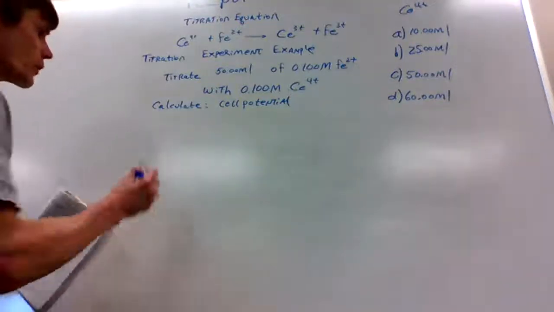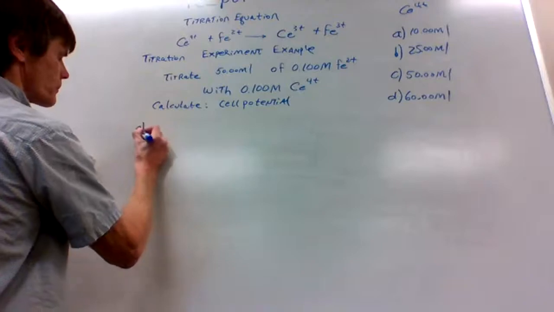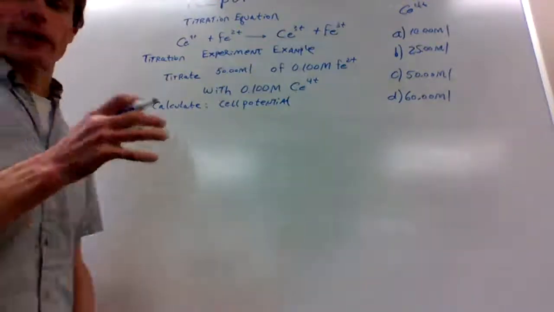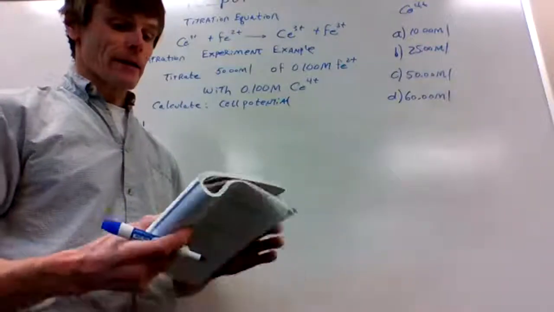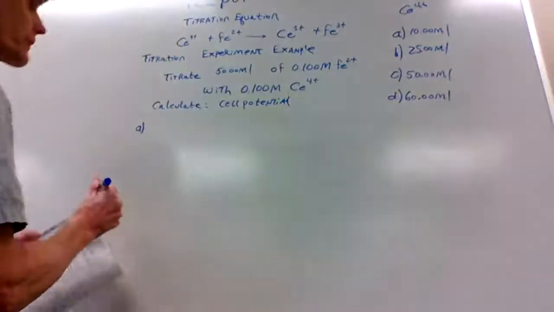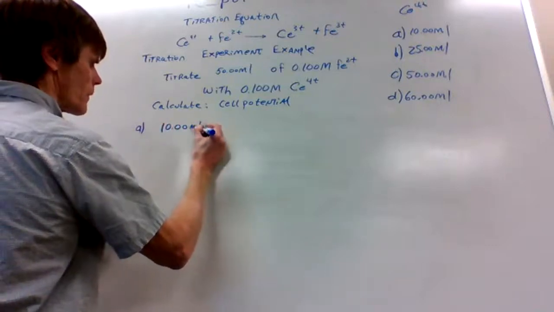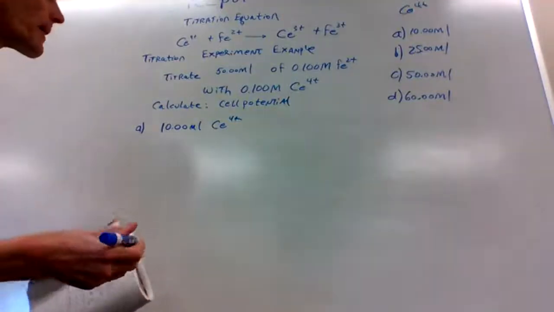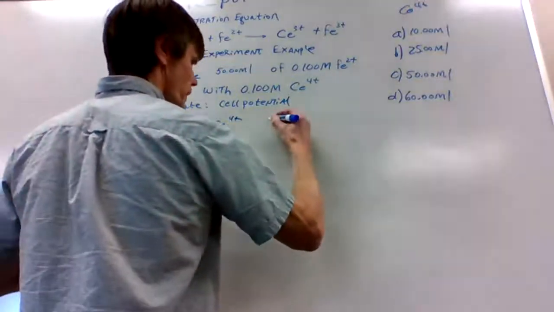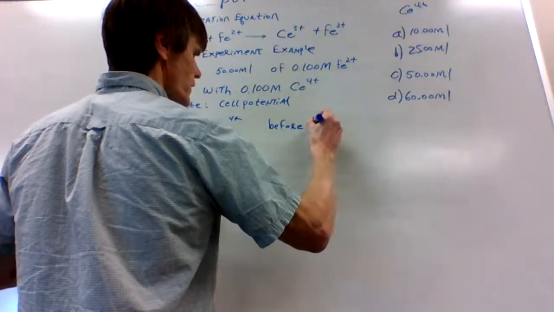So we're going to look at the first stage of our titration. We're going to calculate the cell potential when we've added 10 milliliters of ceric 4 positive. And we would recognize this is occurring before the equivalence point.